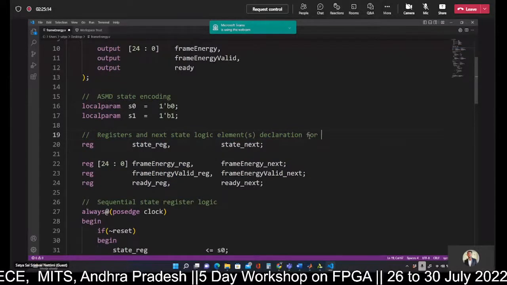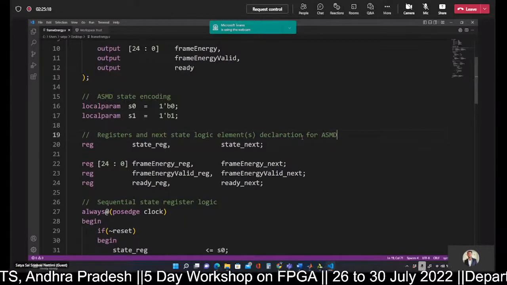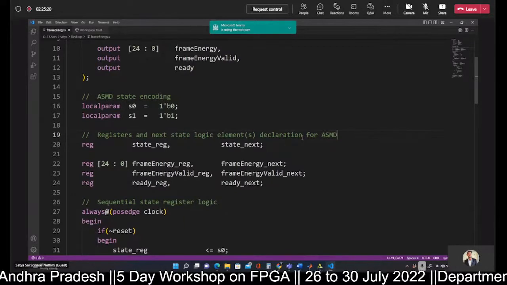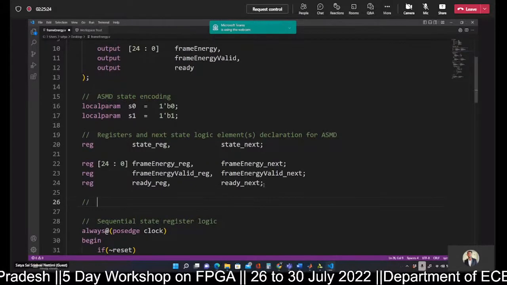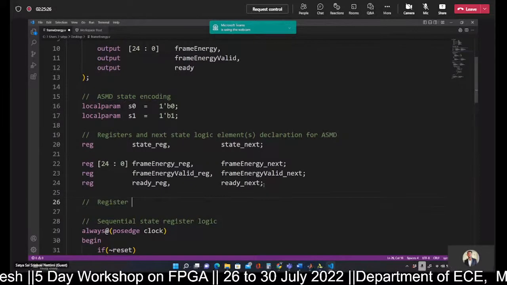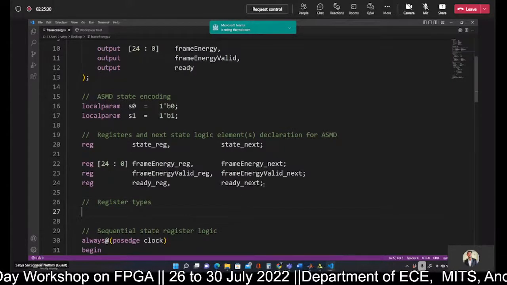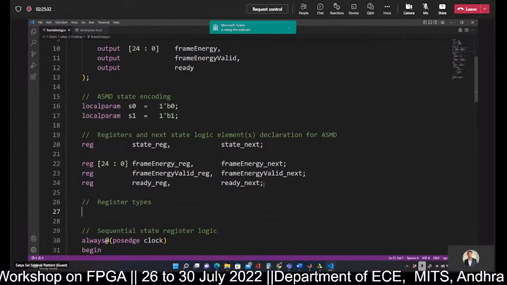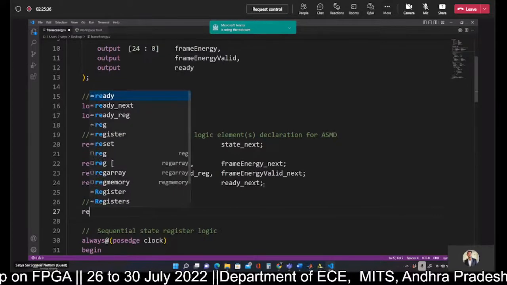We have a register and a counter combinational logic part, but now we are declaring only a pure reg type, which is different from the register and the next state logic.